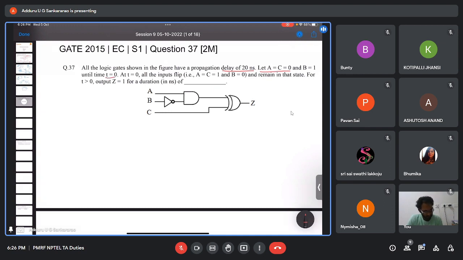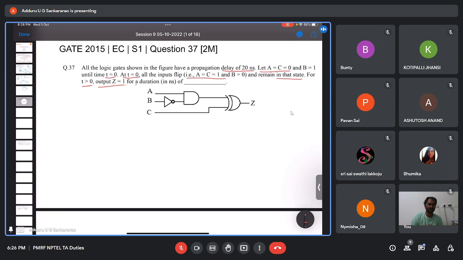For t less than 0 they have these values, and at t equal to 0 all the inputs flip, and they remain in that state for t greater than 0. Output Z equal to 1 for a duration of dash. This is from digital electronics.